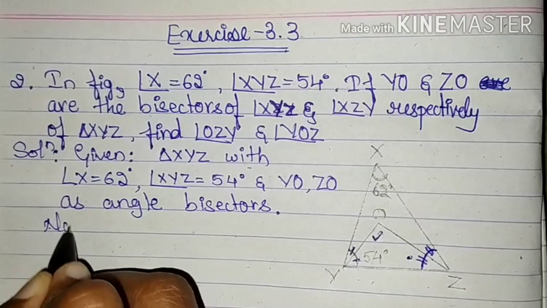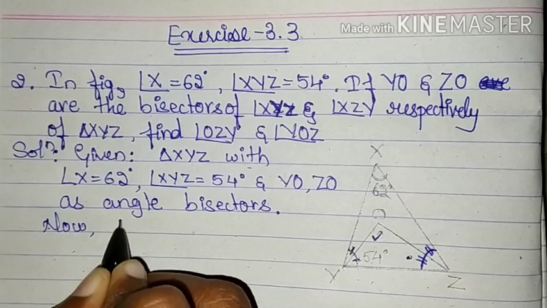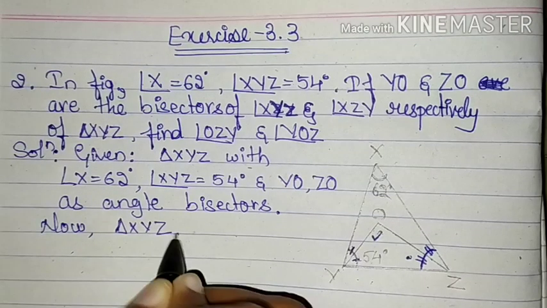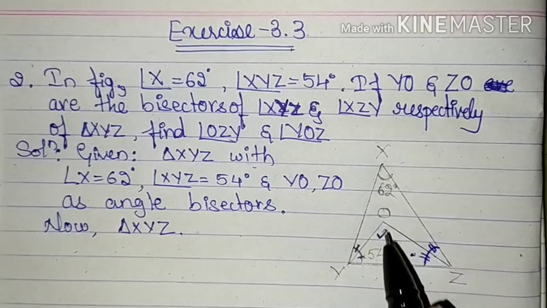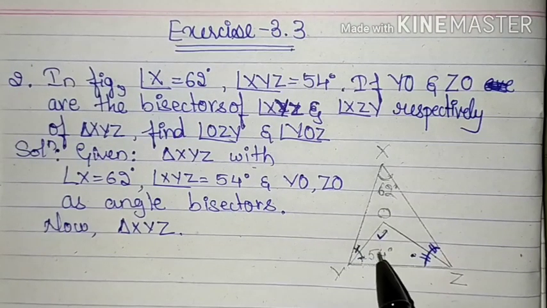Now in triangle XYZ, we know the values of two angles. One angle X is 62 degrees and angle XYZ is 54 degrees.